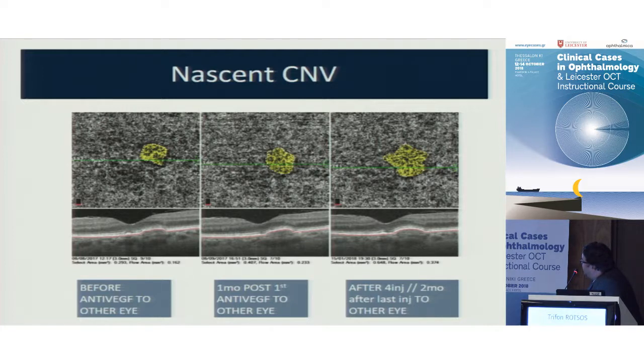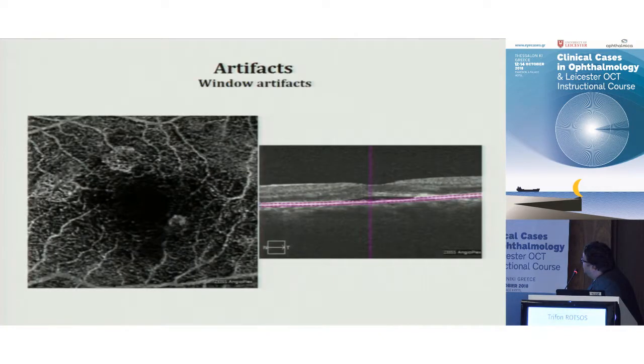You can see after injections in the good eye, the nascent membrane has actually enlarged, I would say, as you can see over here. So yes, we have to closely monitor these patients because if these membranes produce fluid, then we must treat them for the exudative phase.